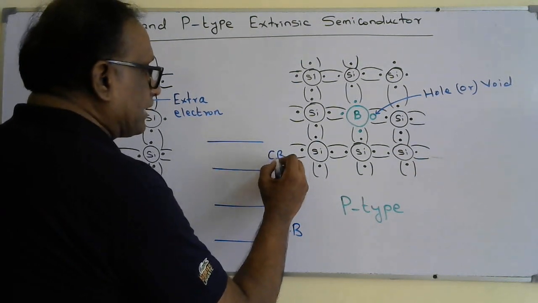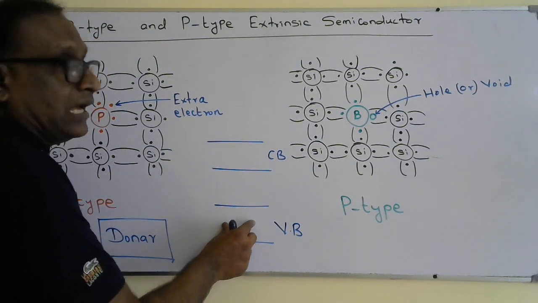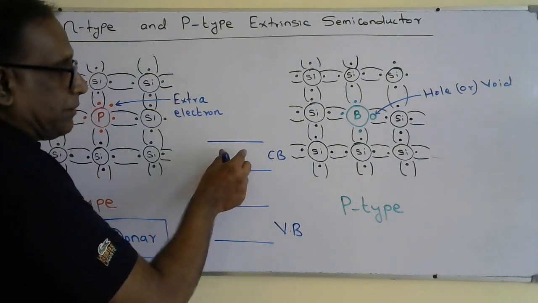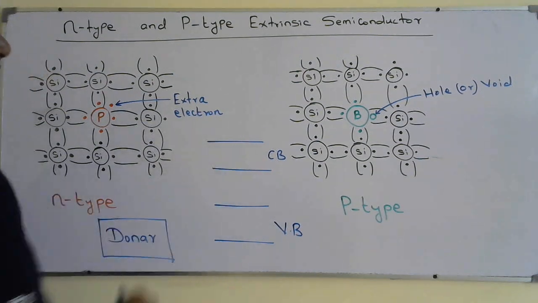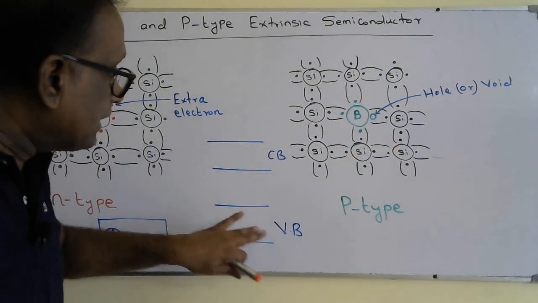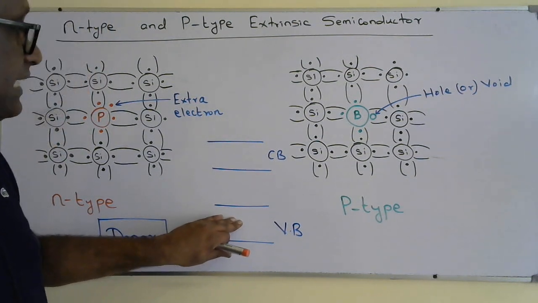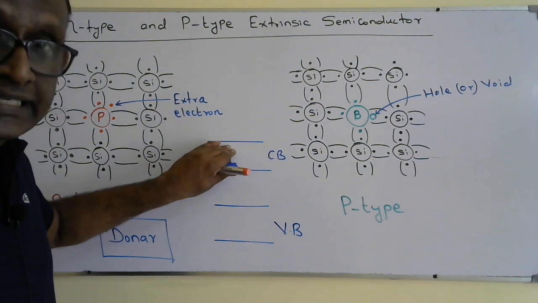Earlier I told you that in an intrinsic, pure semiconductor, the number of holes in the valence band will be the same as the number of conduction electrons in the conduction band. Now these holes will stay in the valence band without any excitation of electrons to the conduction band.